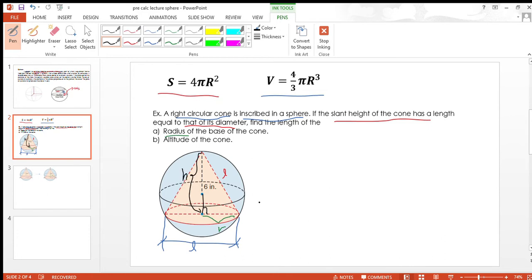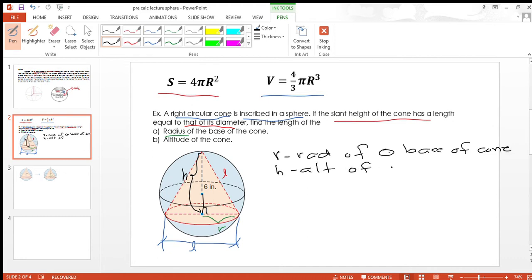We can call that H. So first, R is the radius of the circular base of the cone, while H is the altitude of our cone.